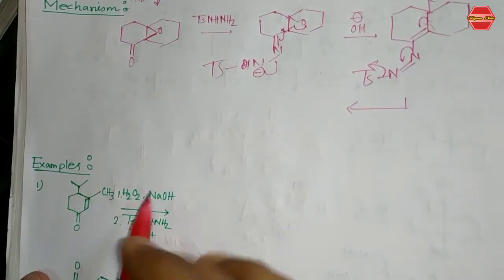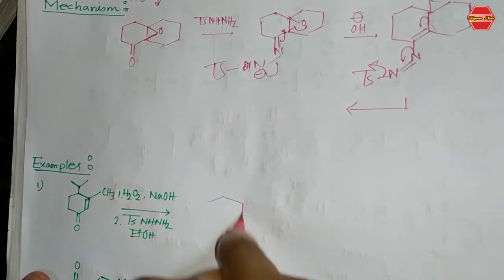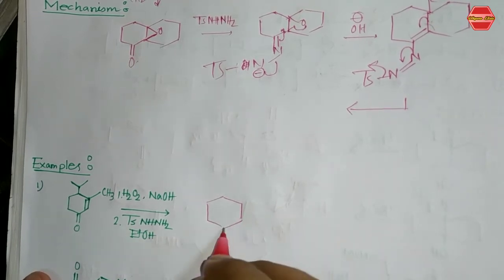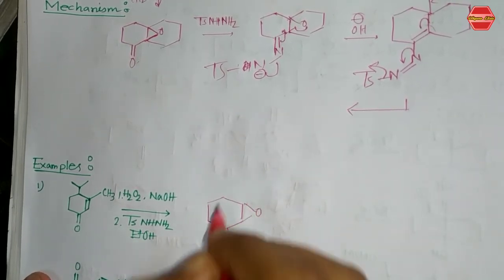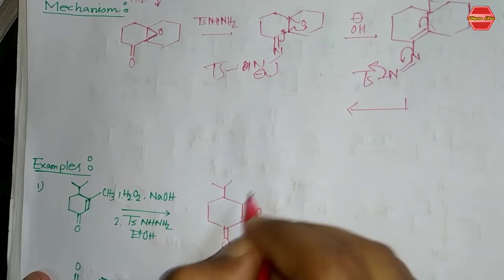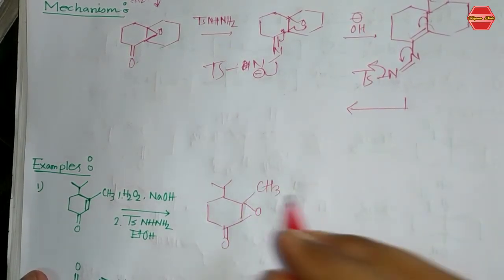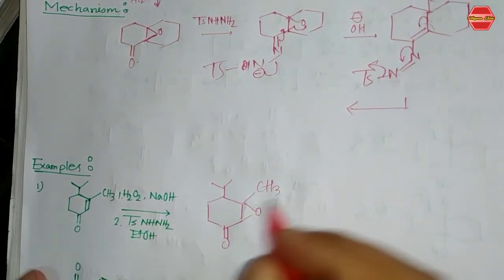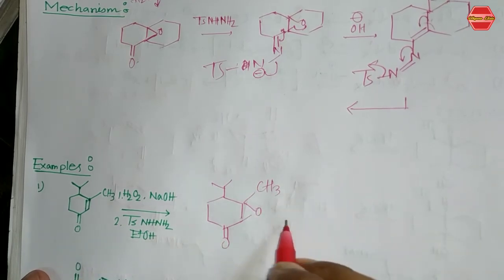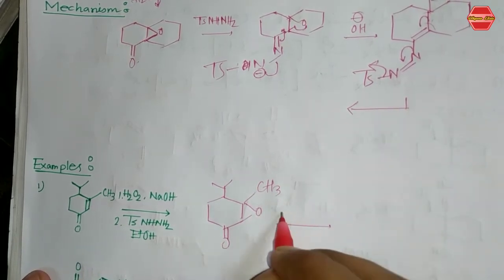We have this one, when we are using H2O2 NaOH, so this will be our product, that is epoxidation first, and then this one, and finally tosyl hydrazine is given. So this is quite similar to that mechanism, and that is the Eschenmoser fragmentation.